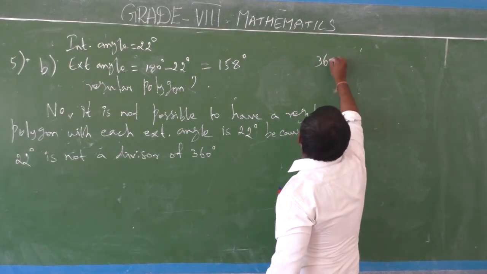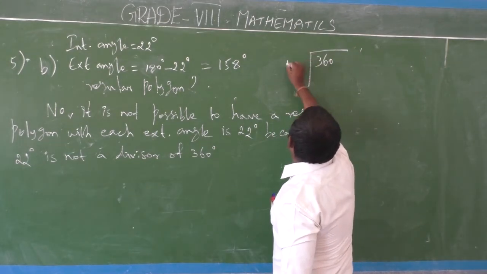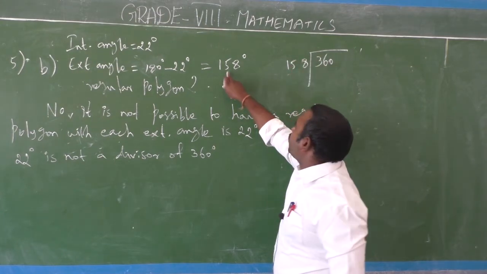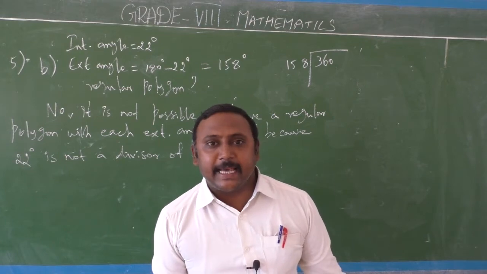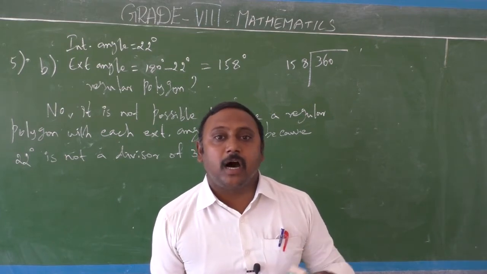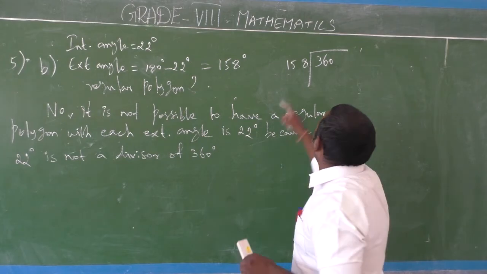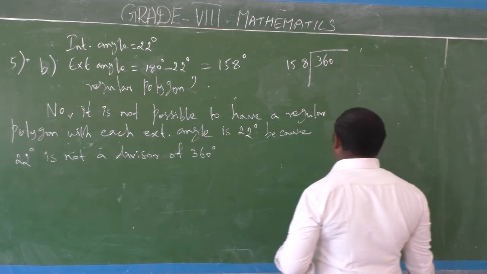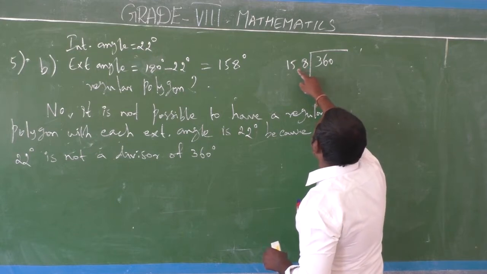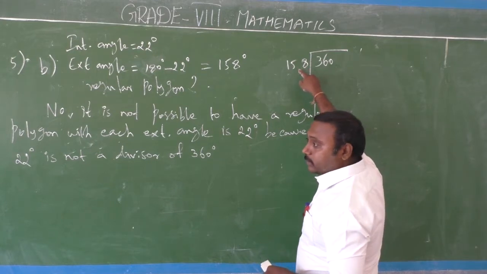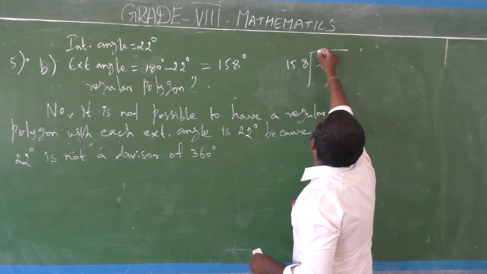360 degrees divided by 158 degrees. We have to find whether 158 is a divisor of 360 degrees. How many times does 158 go in? 1 or 2 times. 2 times 158 is 316. So 2 times.